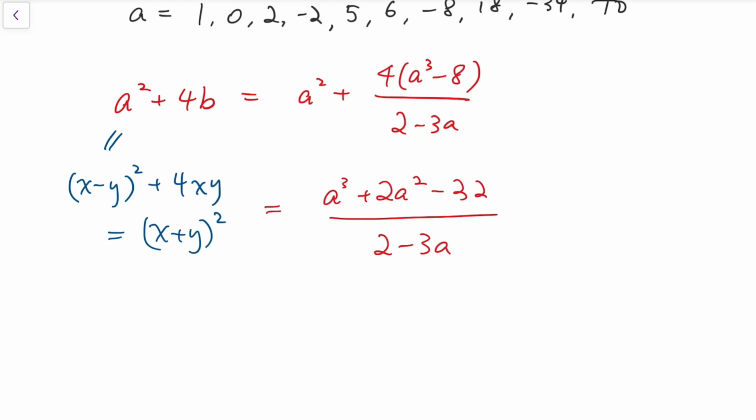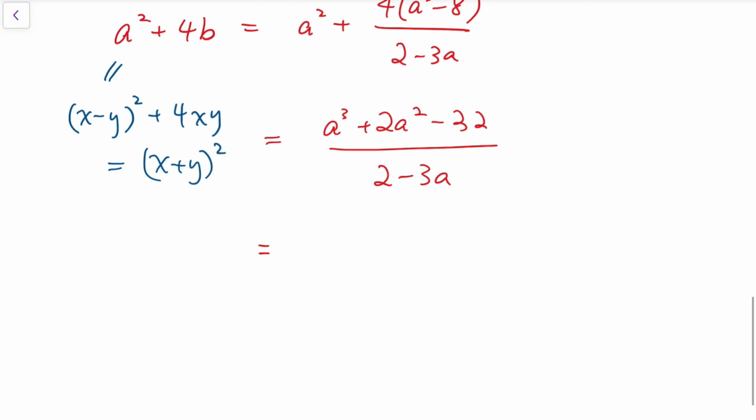And if we put each value of a into this fraction, we have the following values. Notice that most of them are negative, except one of them, which is 4, and it's exactly a perfect square.